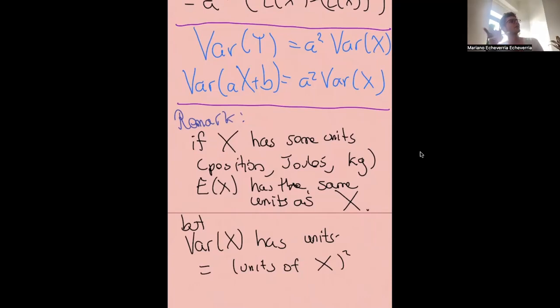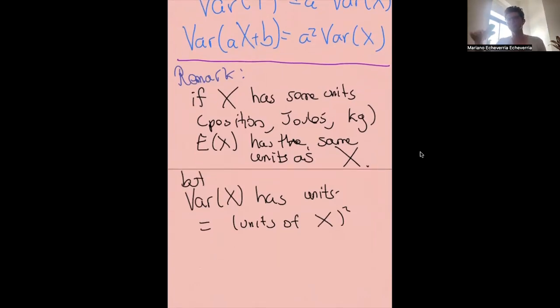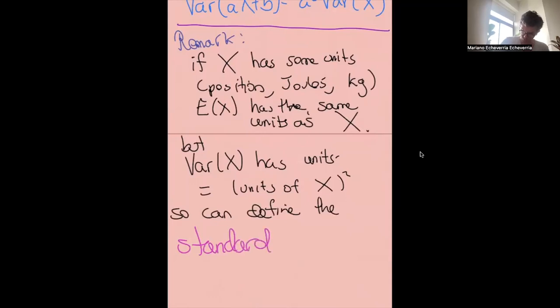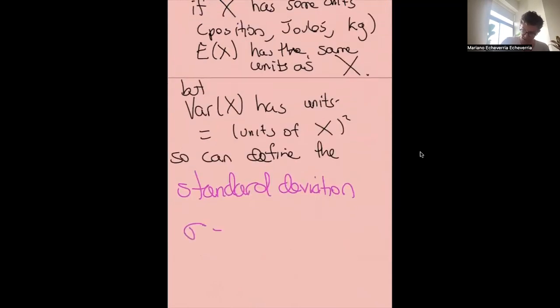So to correct for that, another way to measure the error is to go to one of the most basic things in probability, which is the standard deviation, the square root of the variance. That's why you define the standard deviation, so that you get something back with the units of X. So one can define the standard deviation, which is usually called sigma, and that's just the square root of the variance.